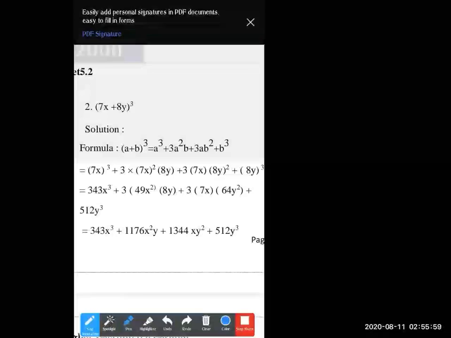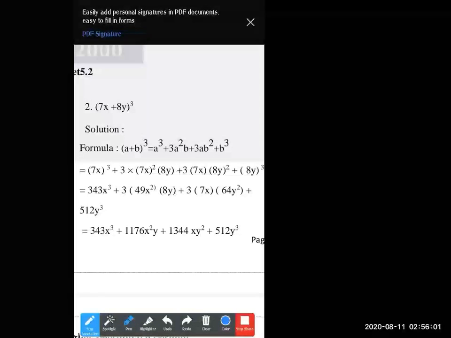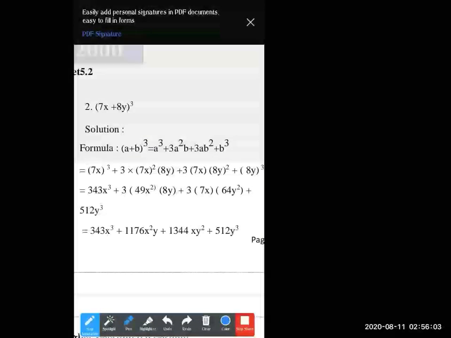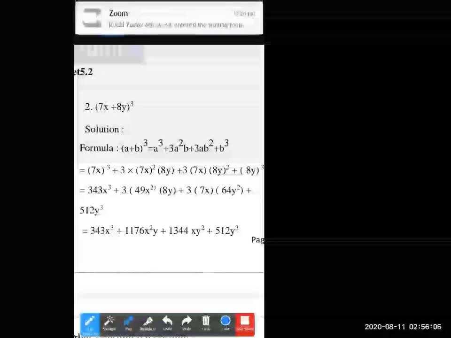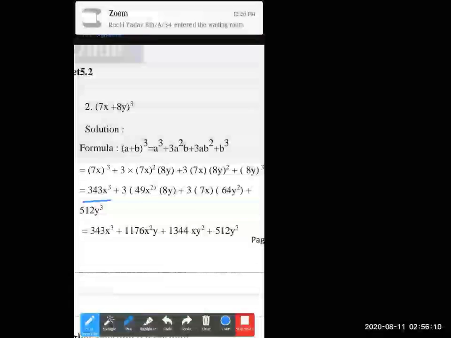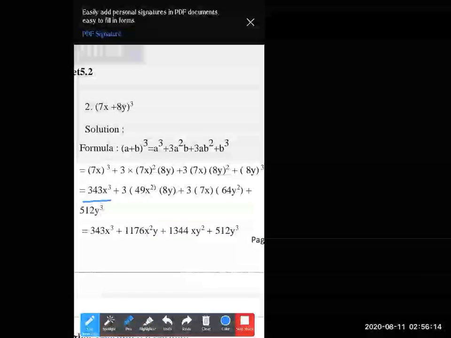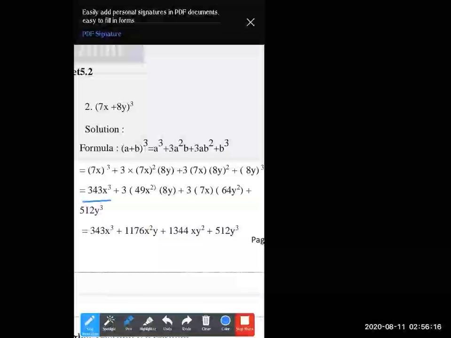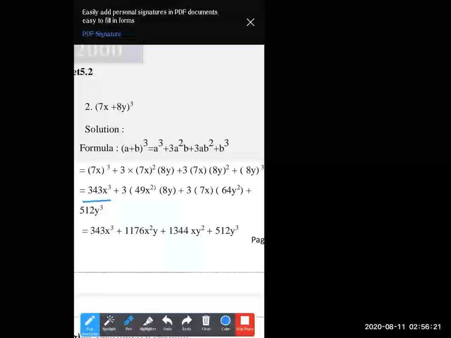Now here (7x) cube. 7x cube means 7 into 7 into 7. 7 7s are 49. 49 into 7 is 343. 7 into 7 into 7 means 3 times 7 karna hai. 7 7s are 49. 49 into 7 is 343, and x cube will remain as it is, x cube.